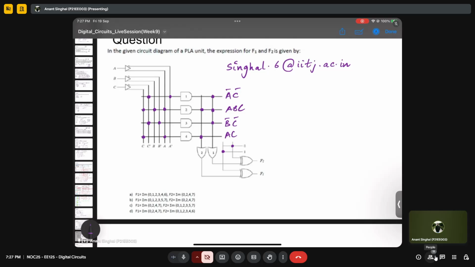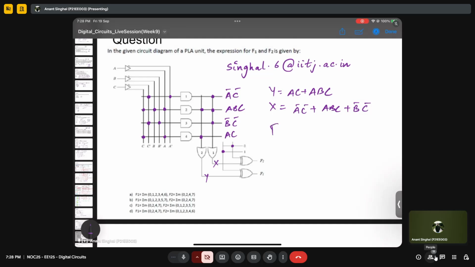So I'm again calling these X and Y, maybe. So Y will be ABC plus AC, AC plus ABC, and Z will be A bar C bar plus ABC plus B bar C bar.